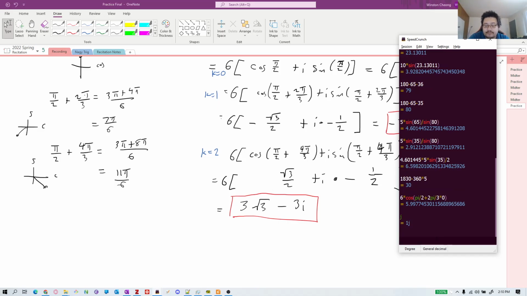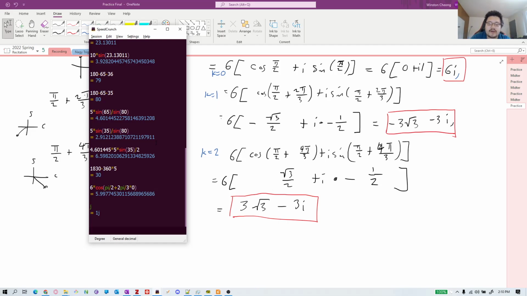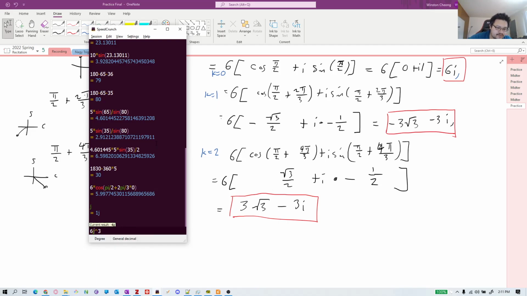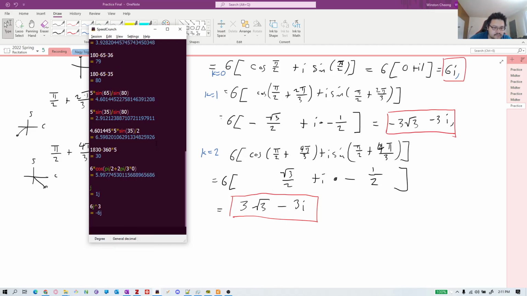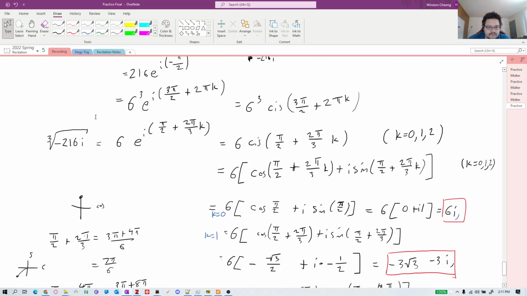Cool. So the way we would do this is we could just double check by raising it to the third power. Supposedly we calculated cube roots, so if we cube it, we should get back to the original. 6j, if we raise it to the third power, I need parentheses because otherwise the calculator doesn't know I'm also cubing the 6. So we get negative 216j, which is negative 216i.